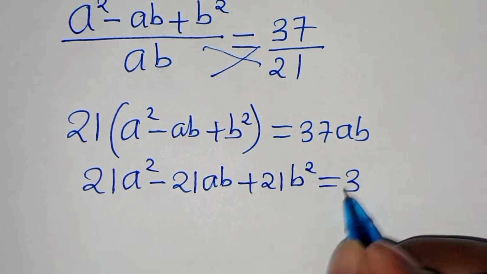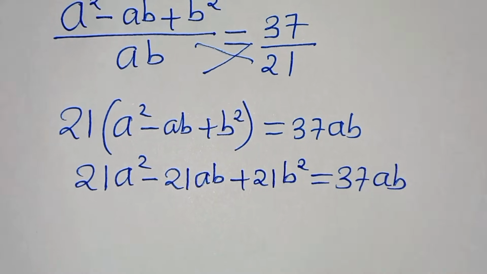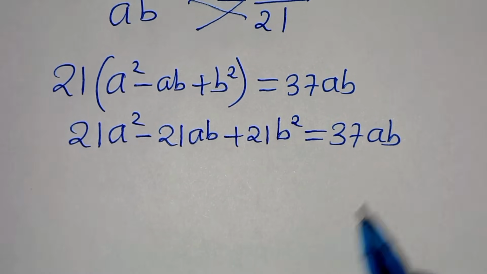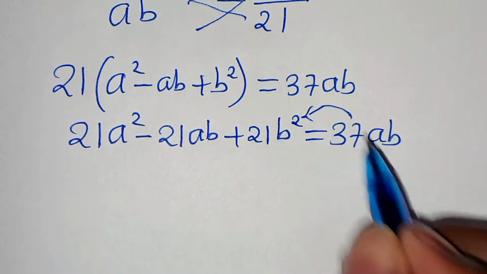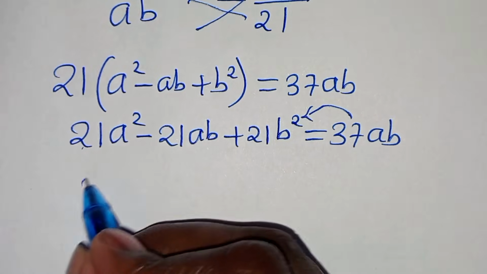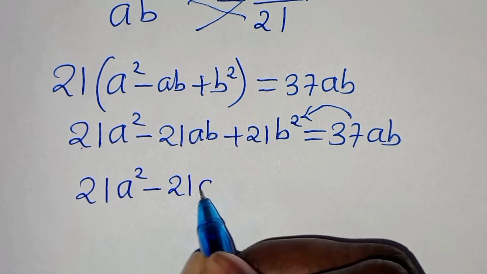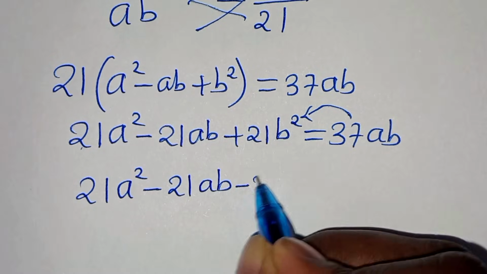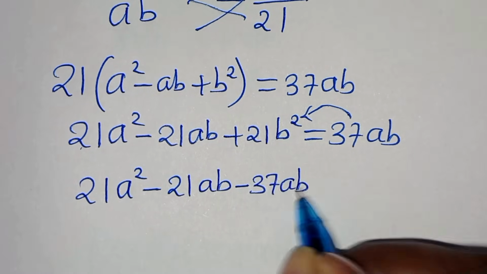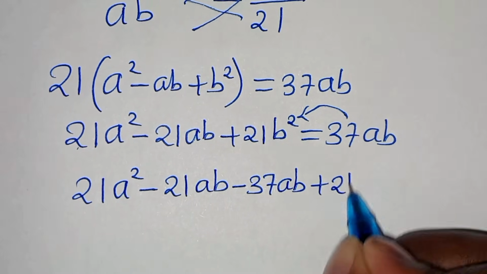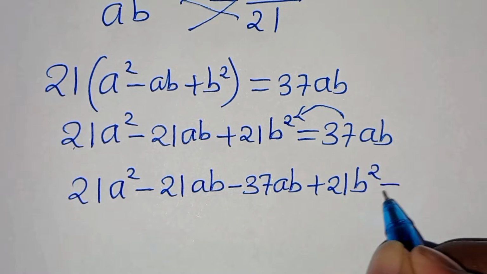This is equal to 37ab. So let's take that 37ab on the left hand side. So this is 21a squared minus 21ab minus 37ab, then plus 21b to the power of 2. This is equal to 0.